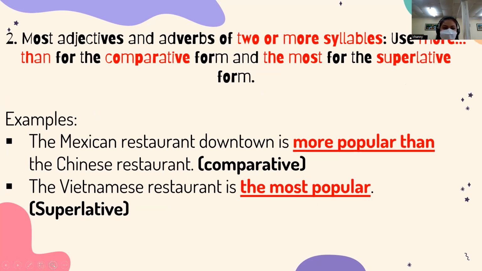The second condition: we use "more" and "most" with adjectives and adverbs of two or more syllables, for the comparative form and the superlative form. For example, the Mexican restaurant downtown is more popular than the Chinese restaurant.